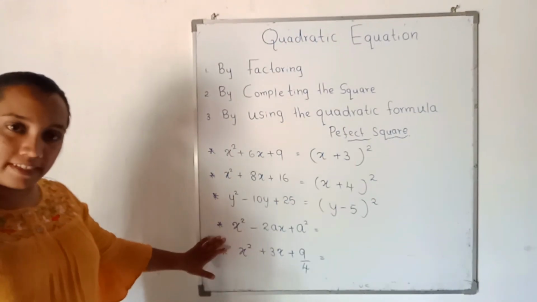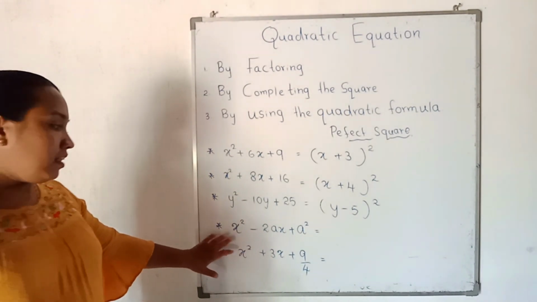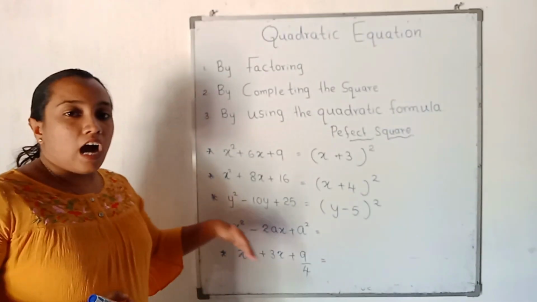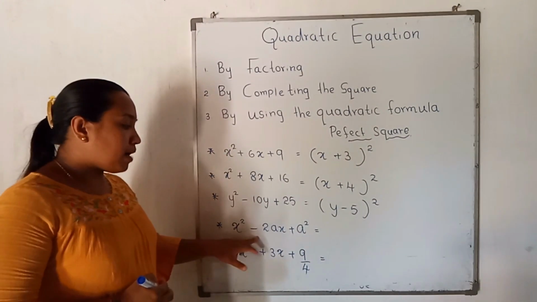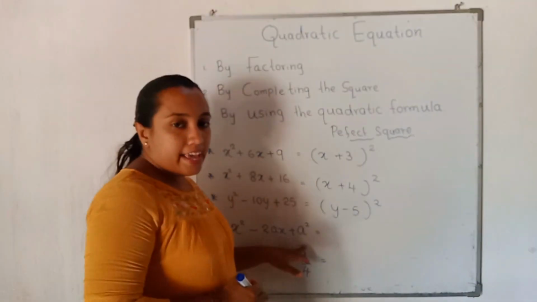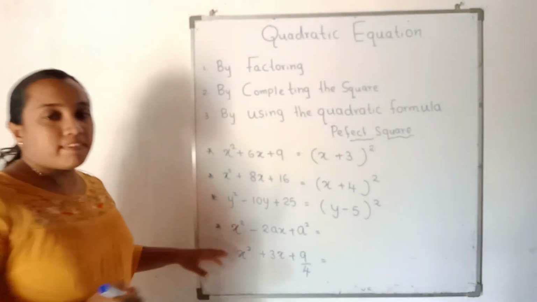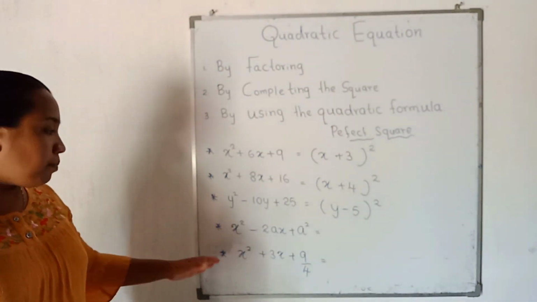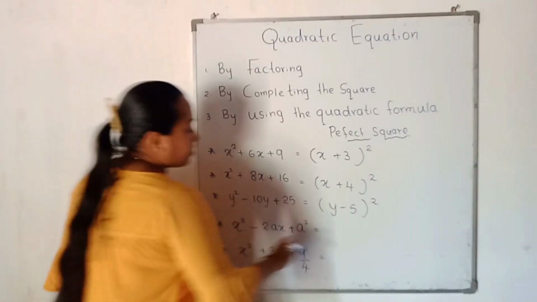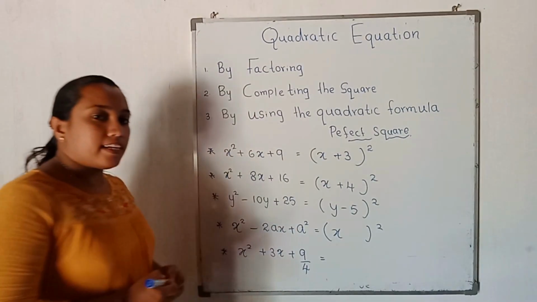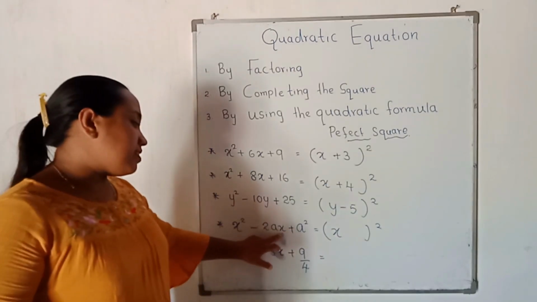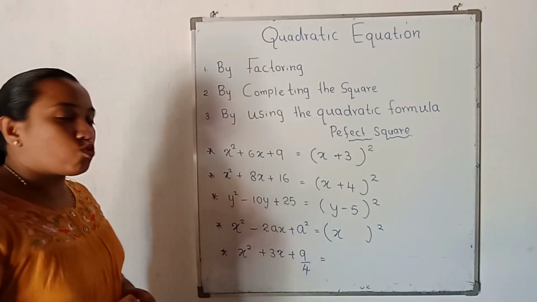Go through the fourth example. It contains algebraic terms: x squared minus 2ax and a squared. The quadratic expression is built up of x. Then x is the unknown term. Considering the coefficient of x, it is minus 2a.